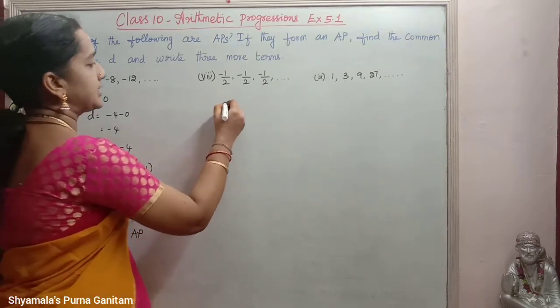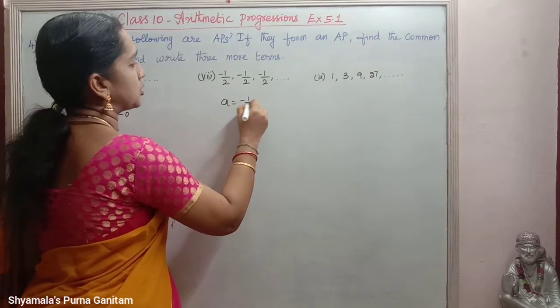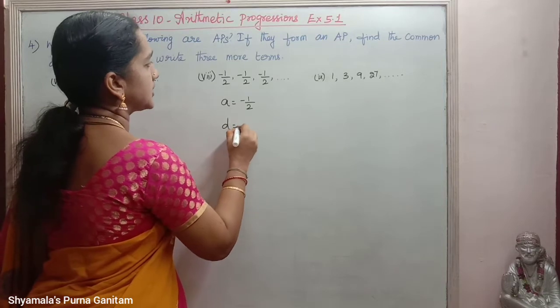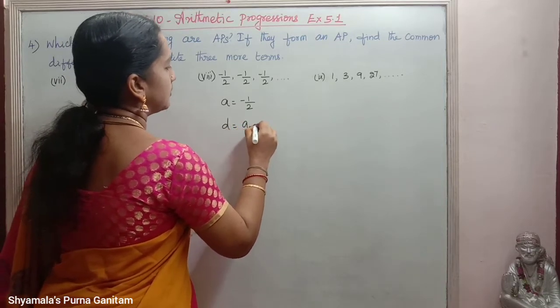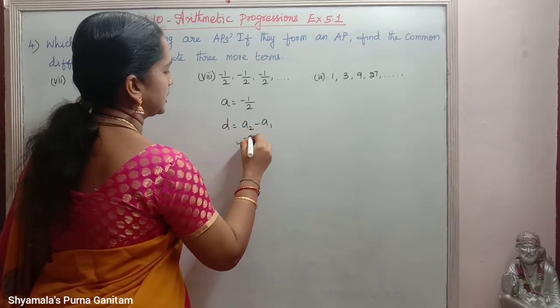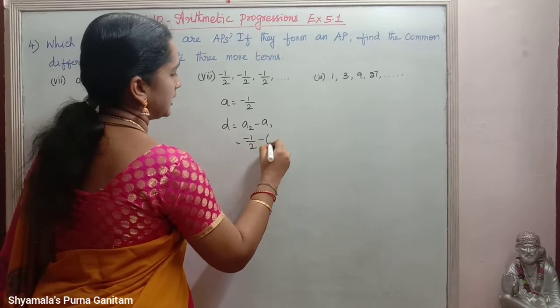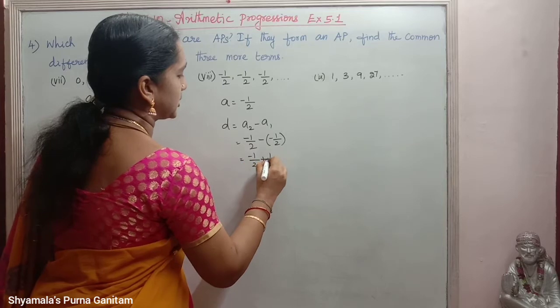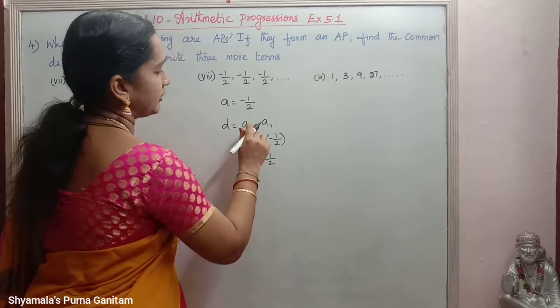Then the next sum: the first term A is -1/2, and the difference is A2 minus A1. A2 is -1/2 minus -1/2, so this is -1/2 plus 1/2. So the difference is 0.